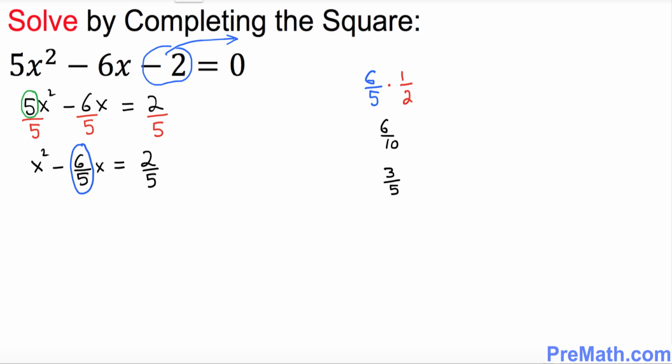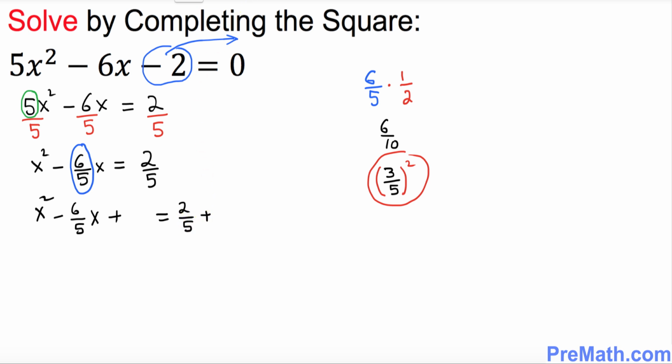And then the next step is, whatever you got here, you must square it. So this is the quantity that we're going to add on both sides of this equation. So let's go ahead and take care of that. x squared minus 6 over 5 x plus, and then I'm going to put down 2 over 5 plus.